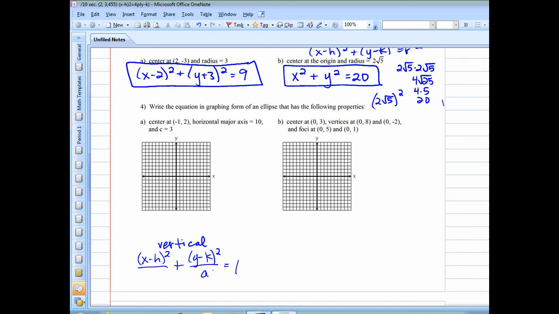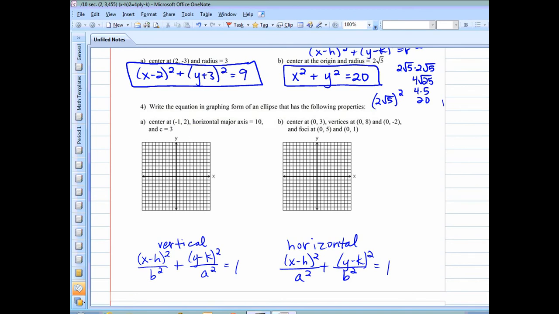But when it's vertical, the a squared is under the y portion and the b squared is under the x. So the other would be when it's horizontal, we have still the x minus h squared and y minus k squared for our numerators, but being horizontal, the a squared is under the x. Whoops. The b squared is under the y.